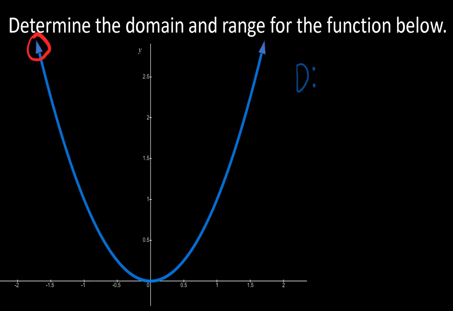The arrow on the left side of my graph tells me that the left side of this graph will continue into infinity in the left direction and the up direction. The arrow on the right side of my graph tells me that this graph will continue forever in the right direction and the up direction.